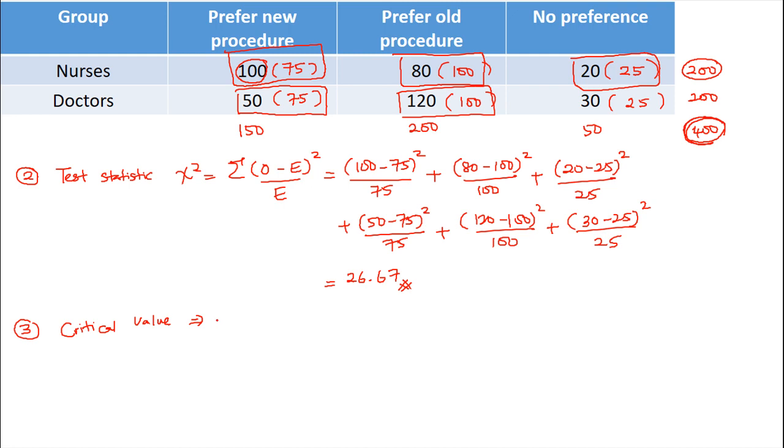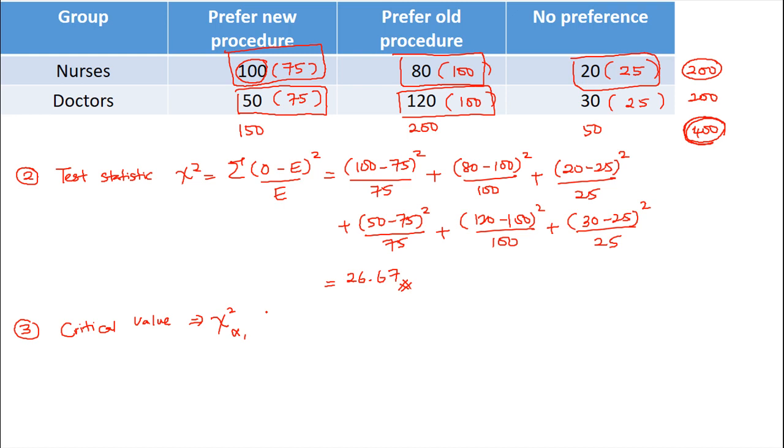So the critical value is chi-square alpha, and how do we find the degree of freedom, since we have the data in the contingency table?